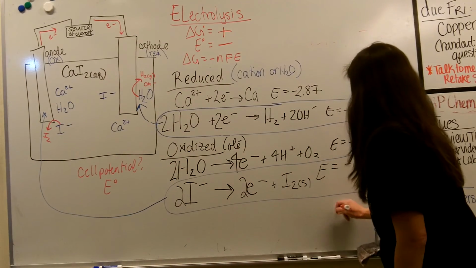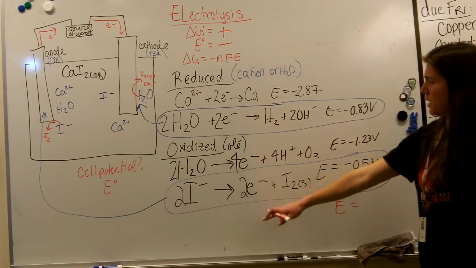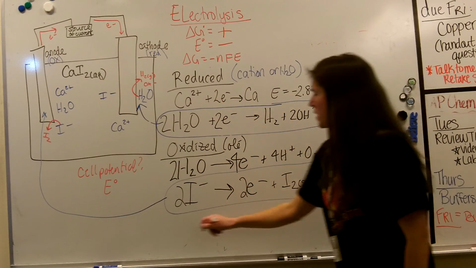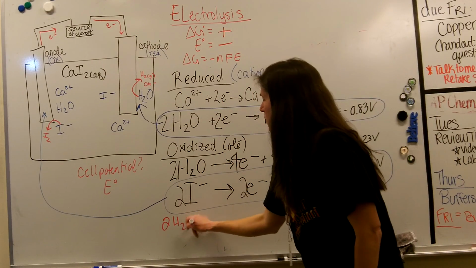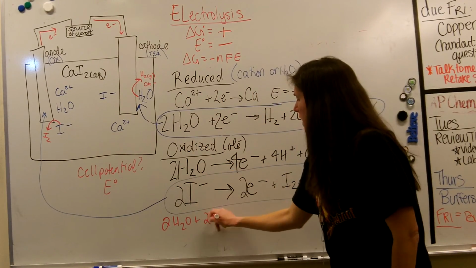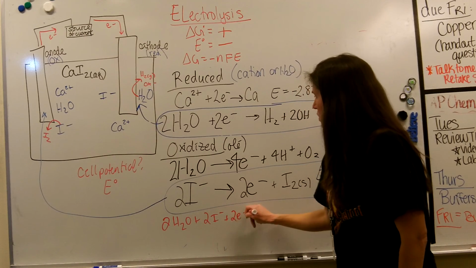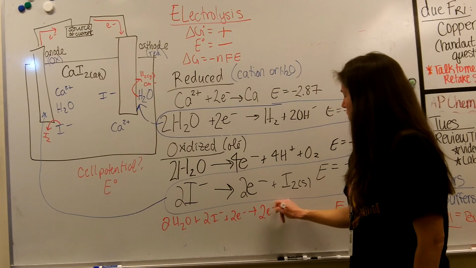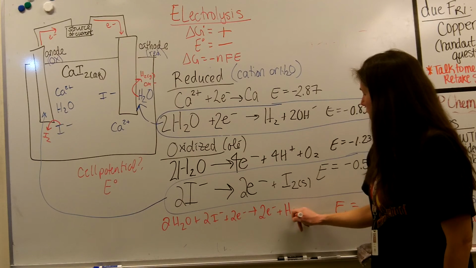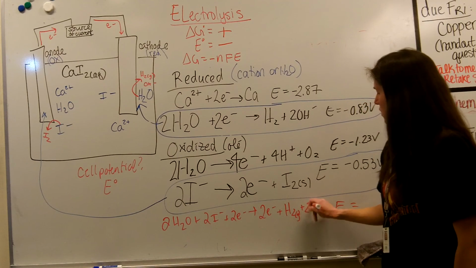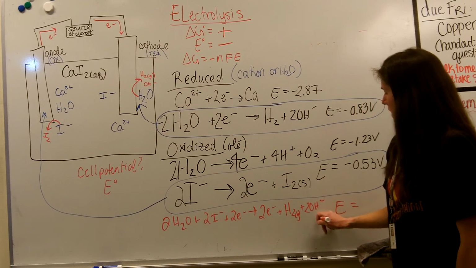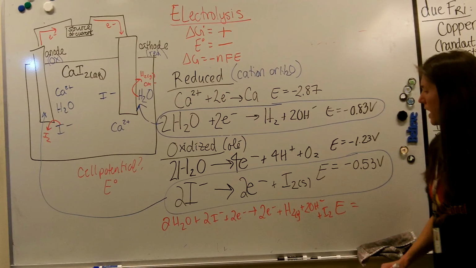I can also write out the overall reaction that occurs, kind of like we do in Hess's law. So I've got 2 waters and 2 iodines and 2 electrons make 2 electrons, 1 hydrogen gas, 2 hydroxides, and 1 solid iodine.